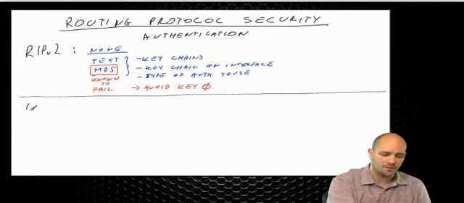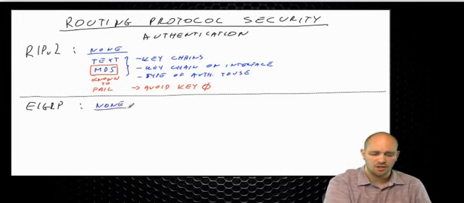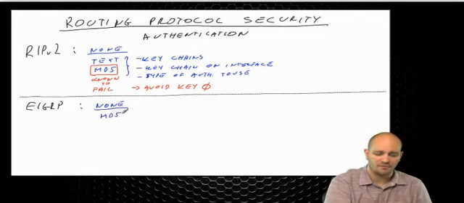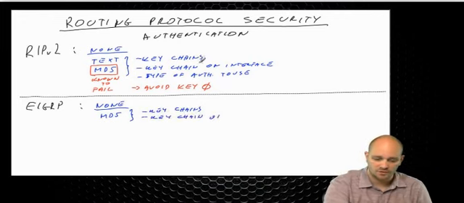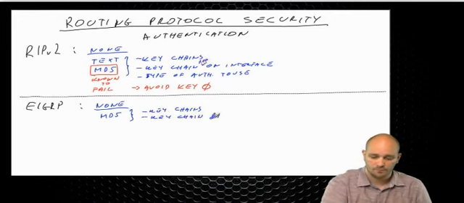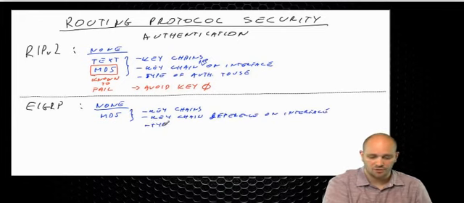Now, when it comes to EIGRP, again, it's relatively simple. We have either none authentication or we can have MD5. Again, if you are using MD5, keychains, keychain reference on the interface, I should say reference here, and type of authentication to use.